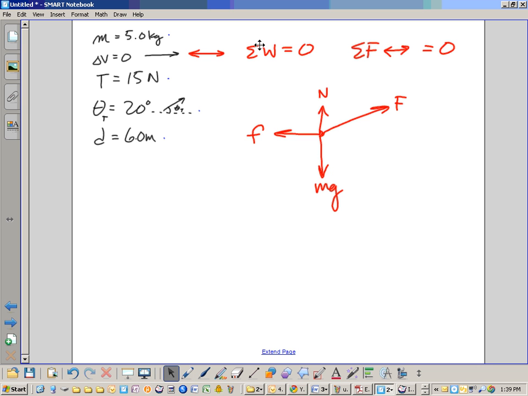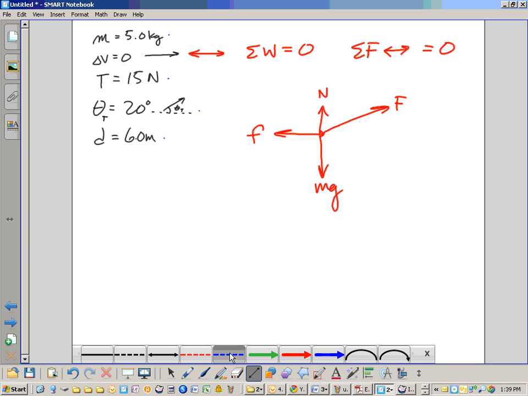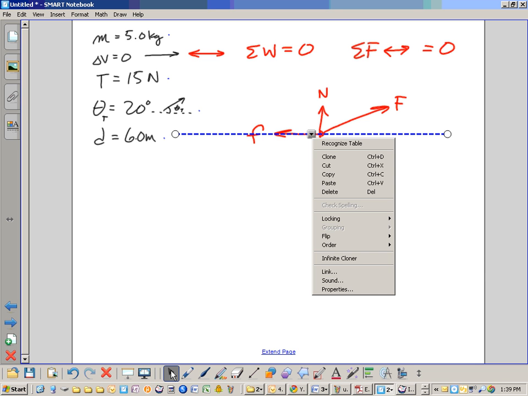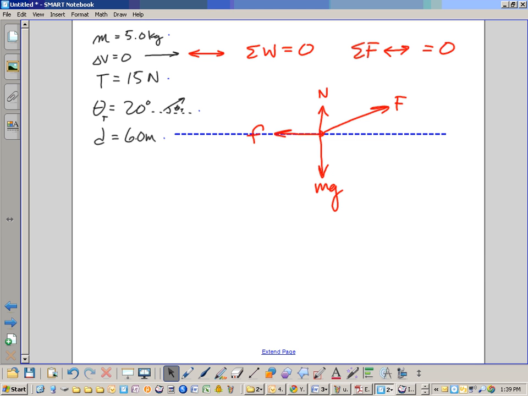So that means in this horizontal direction, I'll make it blue for contrast, the net force in that direction has got to be equal to 0. So the component in this direction, and I'll use a big fat arrow here, this component right here, which we can call Fx, what is Fx equal to?